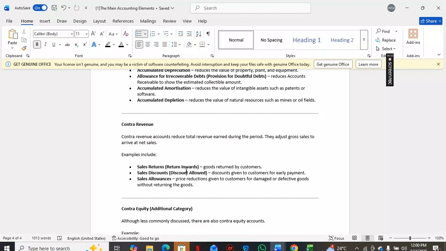So whatever revenue you are supposed to make from the customer, it's coming less the discount, because discount allowed happens whenever sales are taking place. So the sales revenue will be less because this lower amount has been paid to you. Then you've also got sales allowances, which are similar to discounts.